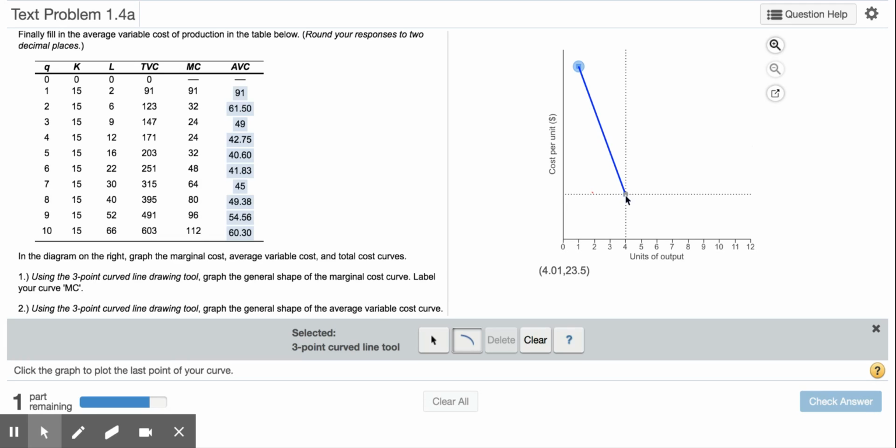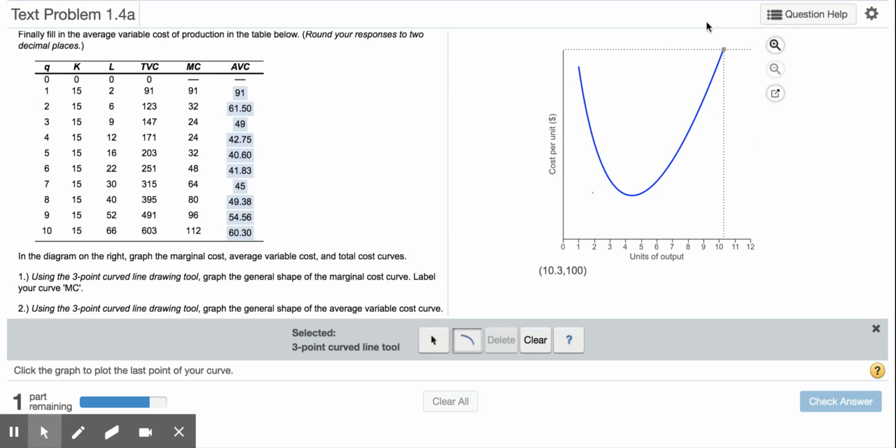And then the last point is when quantity is 10, marginal cost is 112. We don't have 112.